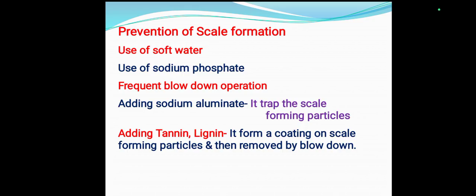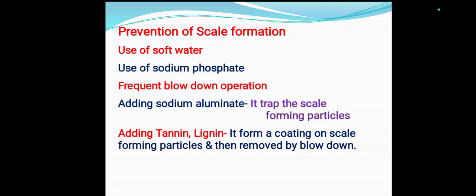And that coating is very loose and slimy, so that scale forming particles will not get a chance to stick to the inner side of the boiler. So scale forming particles coated with tannin or lignin, once they form a coating, we can remove it by blowdown operation.